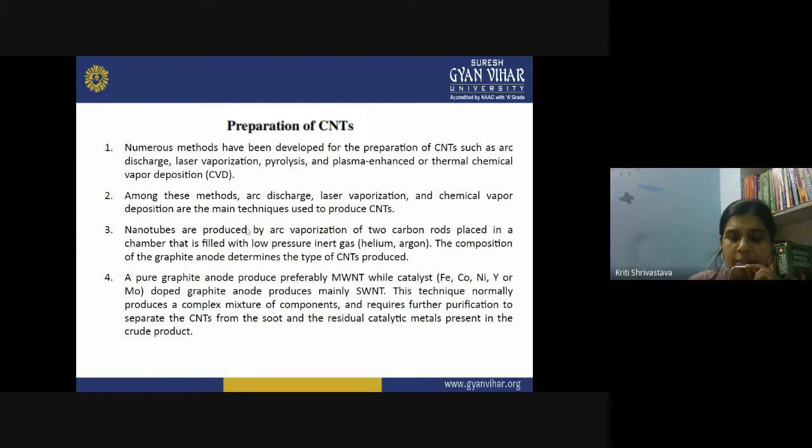When you are using the technique of arc discharge, the nanotubes are produced by arc vaporization of two carbon rods placed in a chamber that is filled with low pressure inert gas. You have put two carbon rods in a chamber, and the inside of the chamber is filled with some low pressure inert gas.